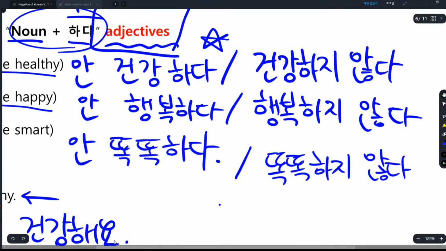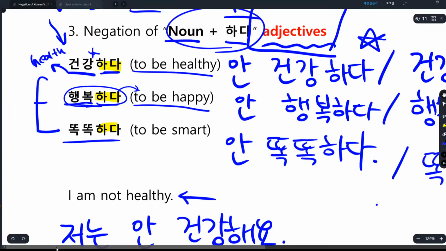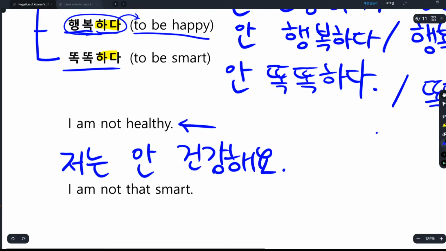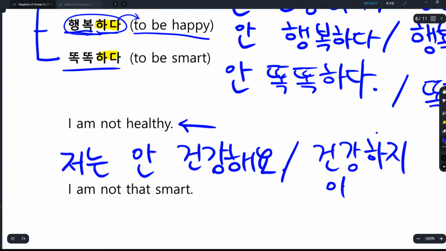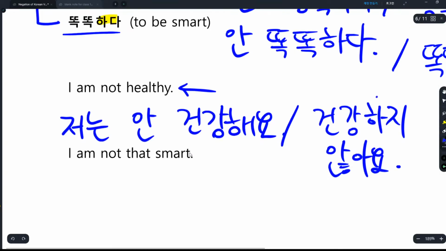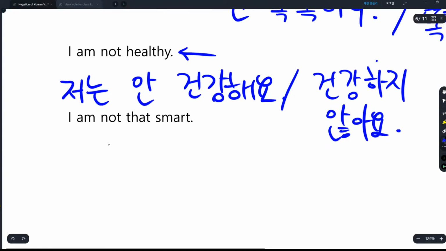So if you want to say I am not healthy, you can either use 저는 안 건강해요 or 저는 건강하지 않아요, right? How about I'm not that smart? Do you guys remember how to say "not that" plus adjective that we learned earlier in this class?